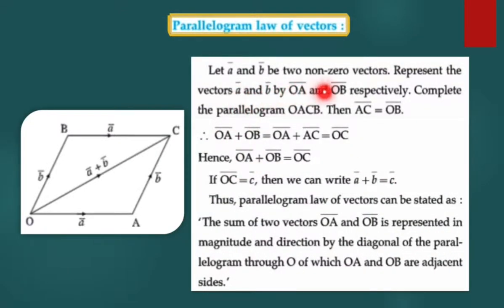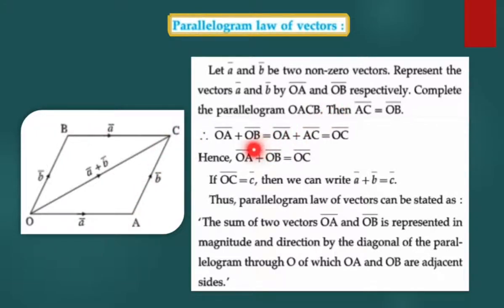Let a bar and b bar be two non-zero vectors. Represent the vectors a bar and b bar by OA bar and OB bar respectively. So these OA and OB are in place of a bar and b bar. Complete the parallelogram OACB. Then AC bar equals OB bar, because opposite sides of a parallelogram are equal. Therefore, in place of OB, we can write vector AC.